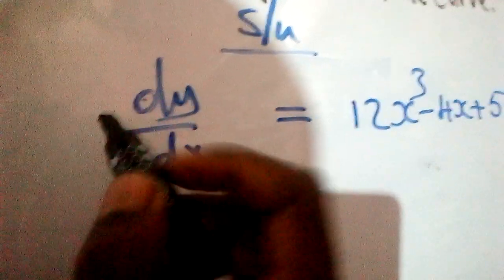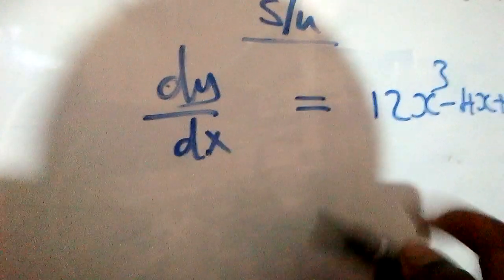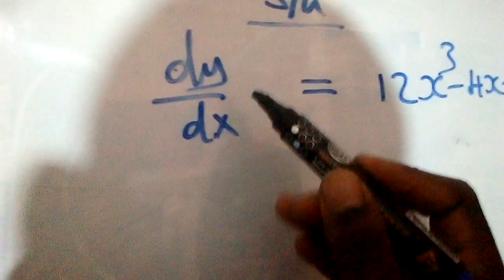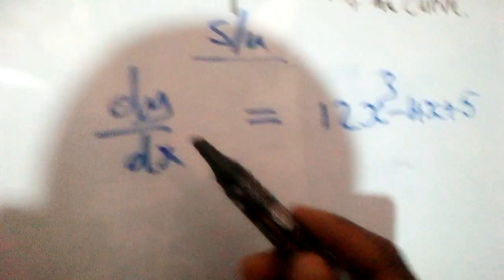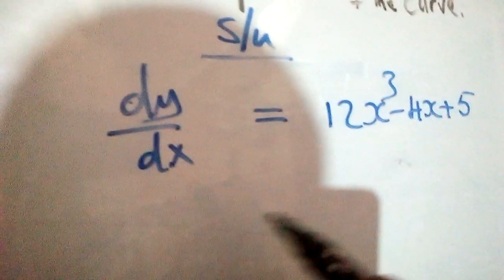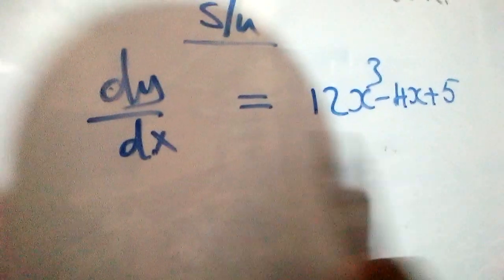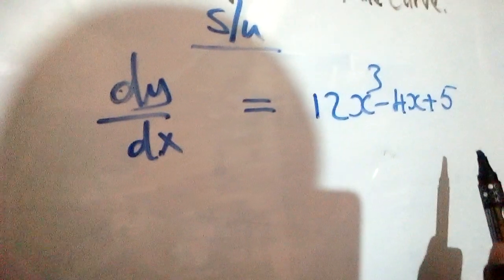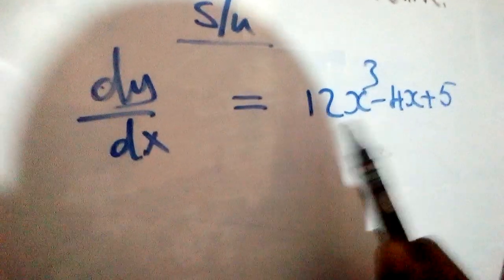The similar thing will apply here. Since this is the gradient, this particular function, the curve was differentiated, we need to integrate to get back to the curve. We're trying to find where this is coming from. This is coming from a curve, and for us to get back to the curve, we need to integrate, we need to reverse.